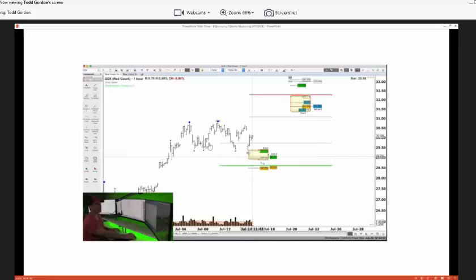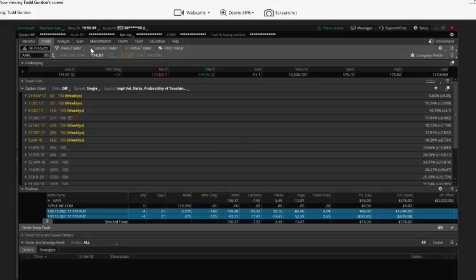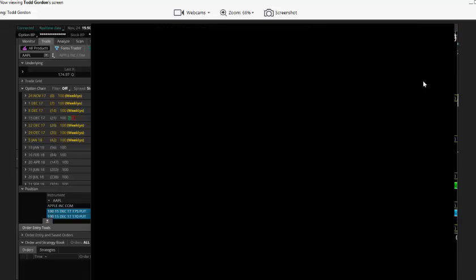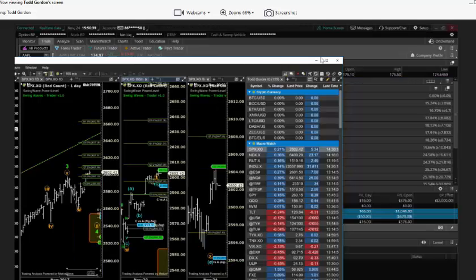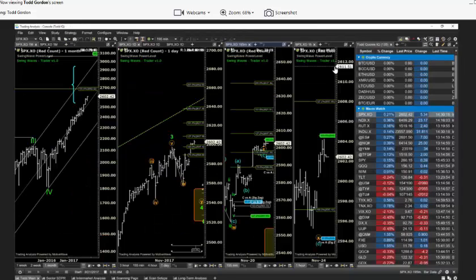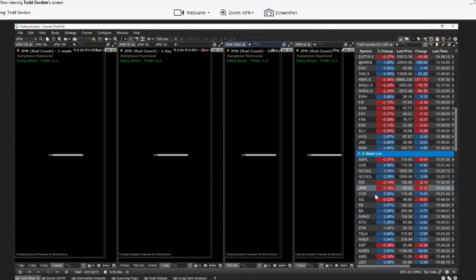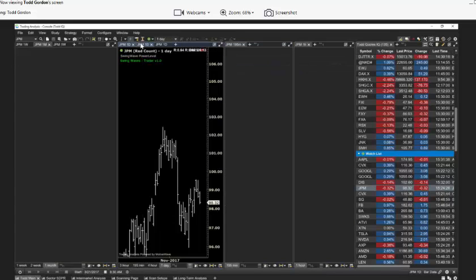Now, I didn't talk about it yet, but we also can do sideways trades. Okay, when markets are trading correctionally, you can make money. And one of the good examples that I have right now is JP Morgan. A lot of the financials are pretty sideways. These are my Elliott wave charts.